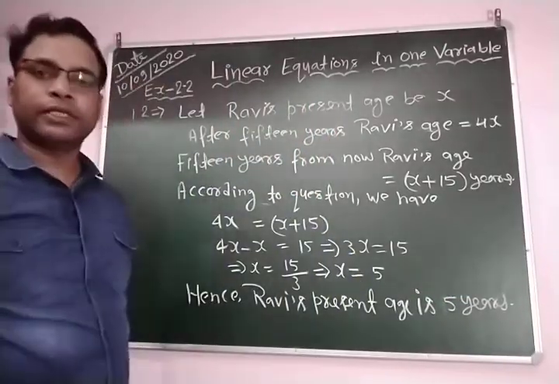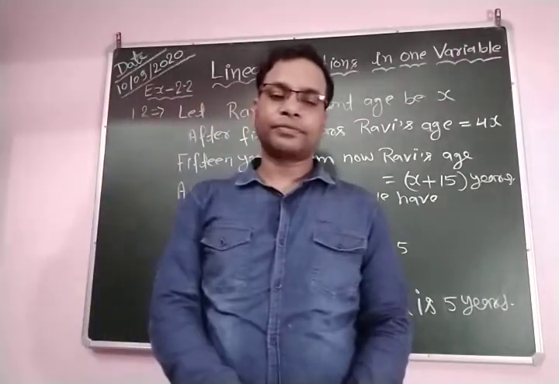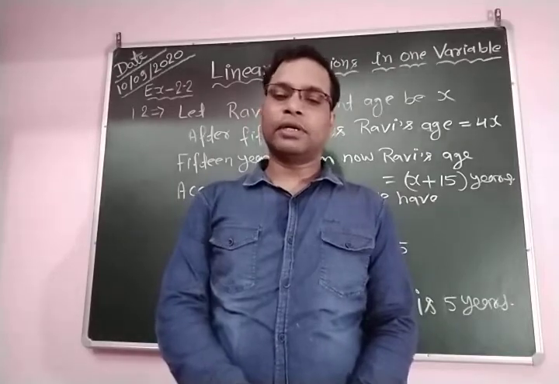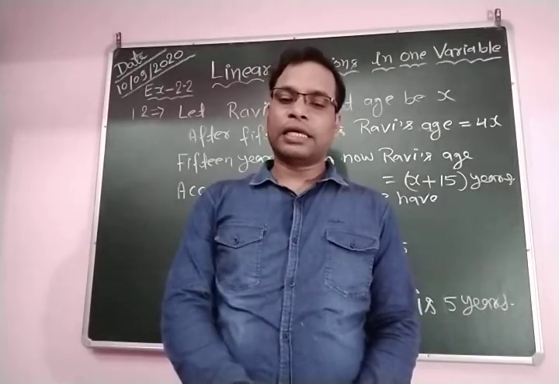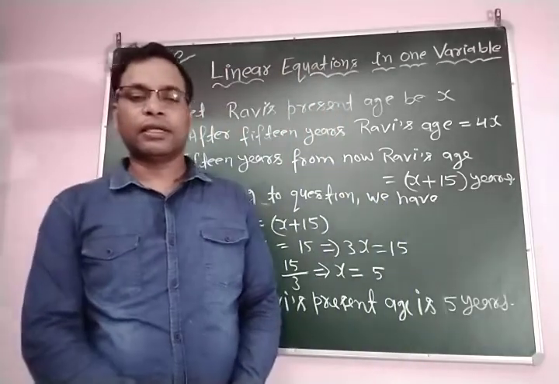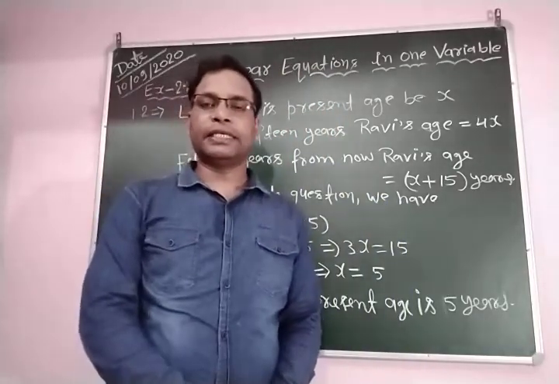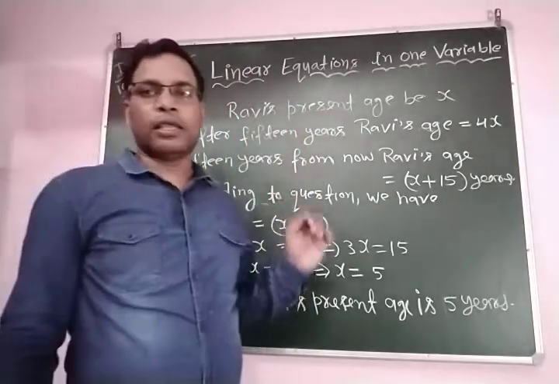So in this question it is given that 15 years from now Ravi's age will be 4 times his present age. So what is Ravi's present age? For this, first we let Ravi's present age be x.